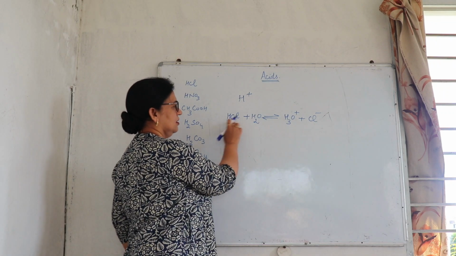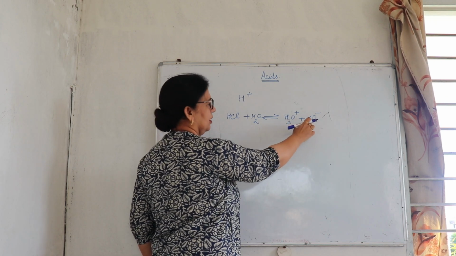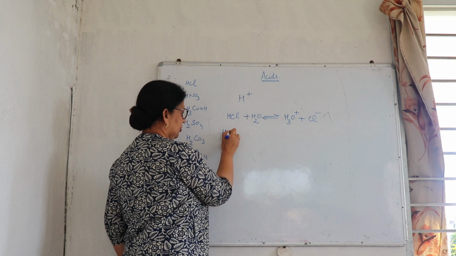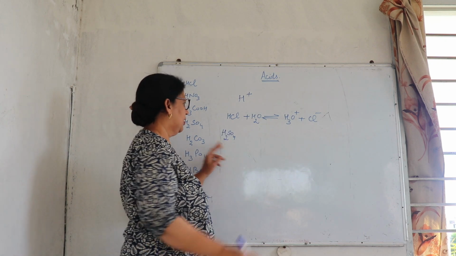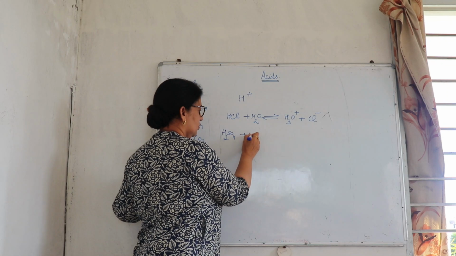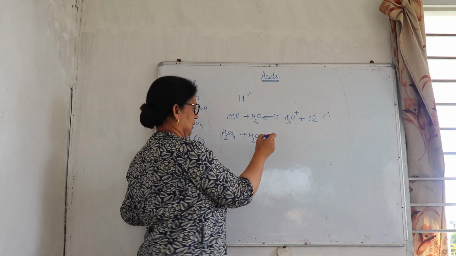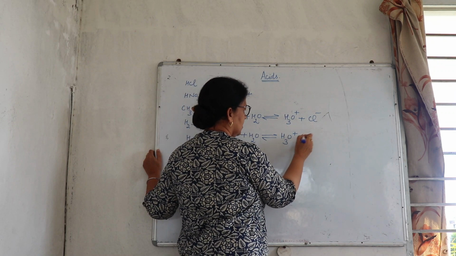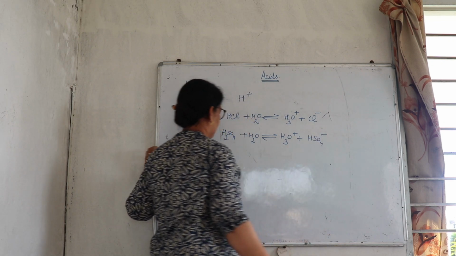See here, HCl when dissolved in water produces one hydronium ion plus one chloride ion. Same way, H2SO4 contains two hydrogen atoms, and when dissolved in water it will produce hydronium ion plus HSO4 negative.